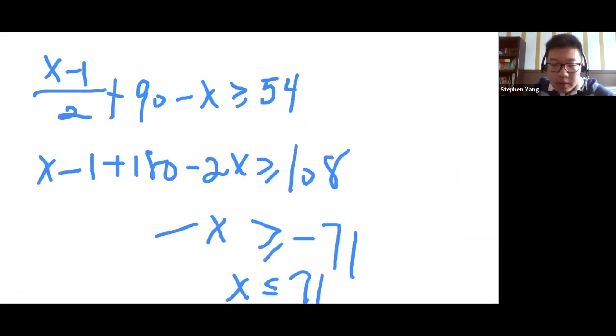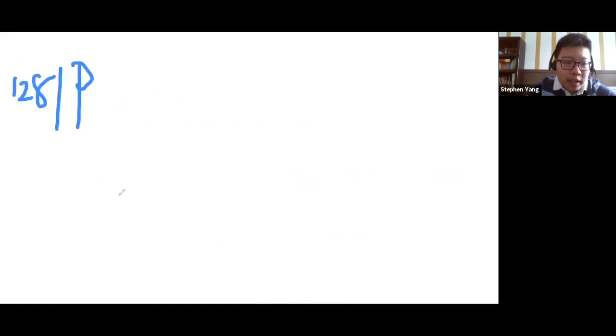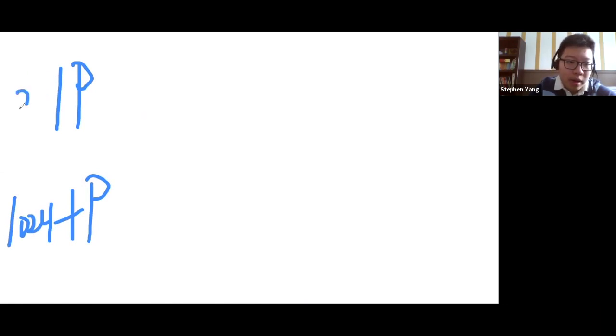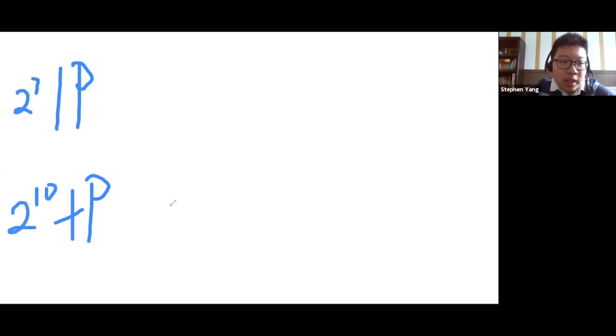Okay, so p is divisible by 128. However, p is not divisible by 1024. Now, 128 is equal to 2 to the 7th power, and 1024 is equal to 2 to the 10th power. So p is divisible by 2 to the 7th power.